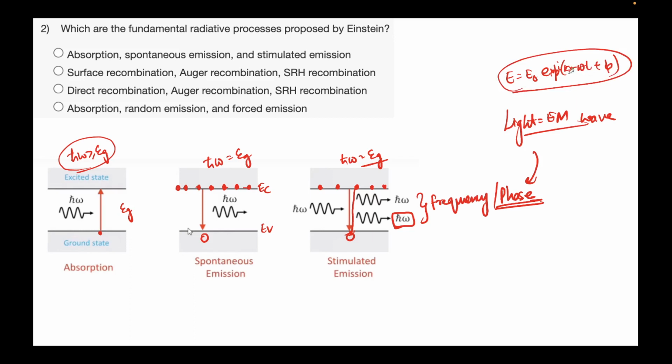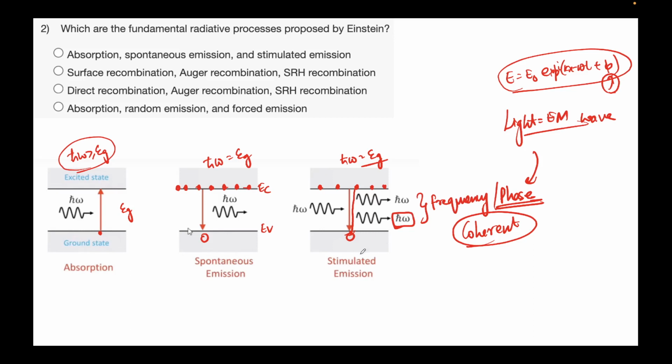Don't get worried about this if you have not read about this. It is the electric field that I'm writing. This phi is the phase. Every photon can have its own different phase, but here it's not the same. They have the same phase, or this word you must have heard, coherent. It is a coherent light source. These two photons are coherent in the case of stimulated emission.